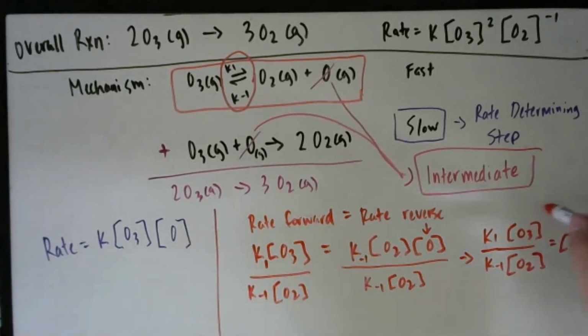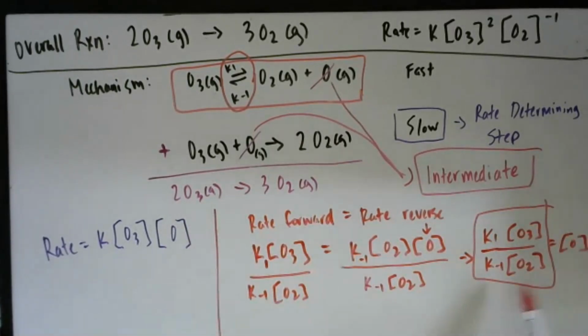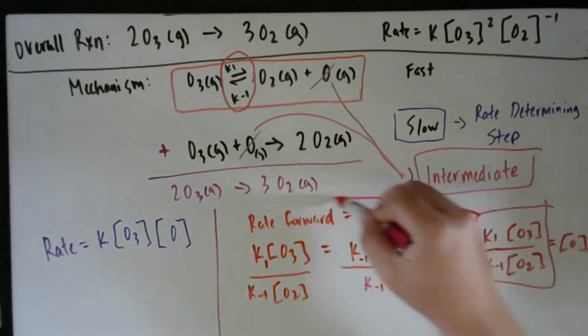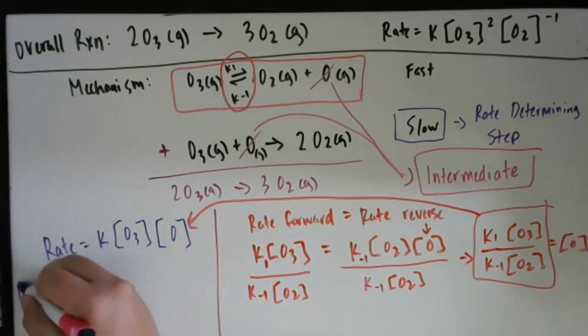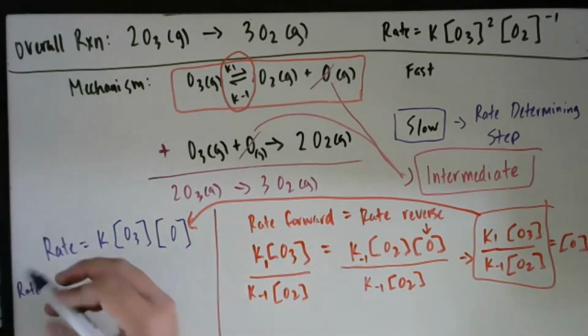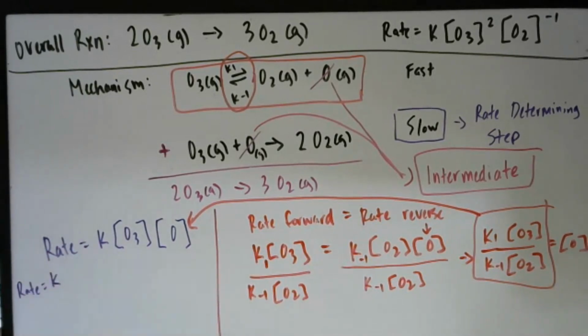Now I can take this entire term, because I know that this term is equal to this value, and I can plug that in for this oxygen value. All right. So I'm going to rewrite this now with my new pieces plugged in. So rate is going to equal, we'll call this K2, because these are all the K1s.